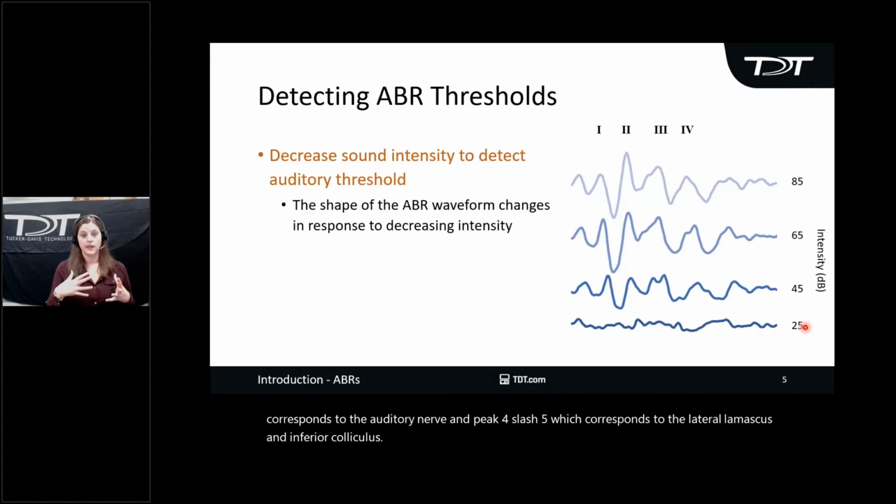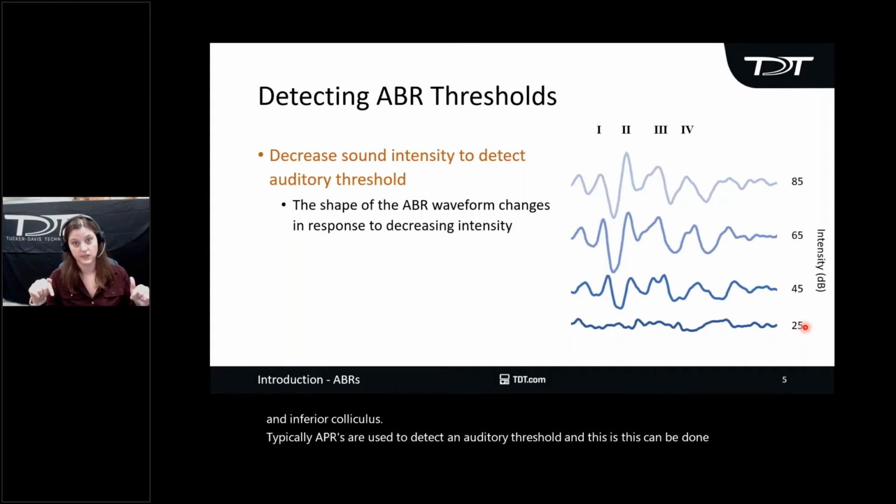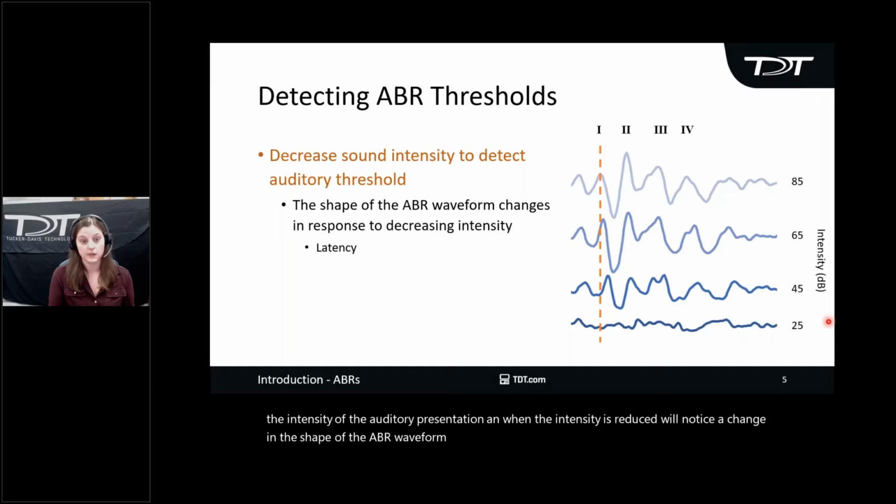Now, typically ABRs are used to detect an auditory threshold, and this can be done by reducing the intensity of the auditory presentation. When the intensity is reduced, we'll notice a change in the shape of the ABR waveform. Of particular note, you'll see changes in latency, which I've illustrated here for peak 1.